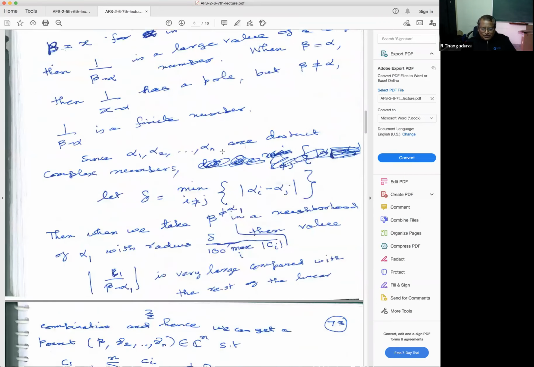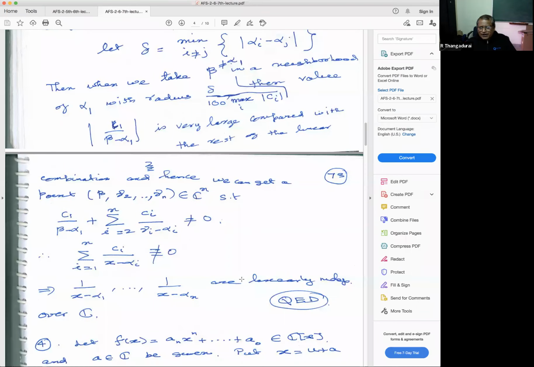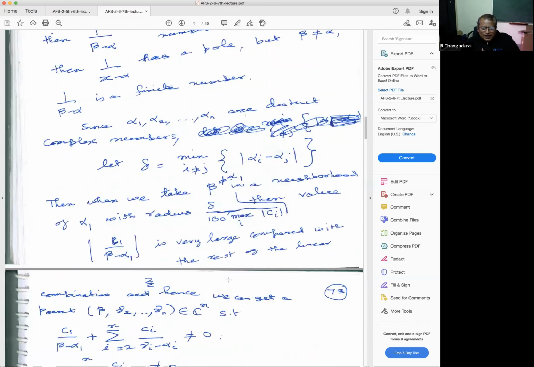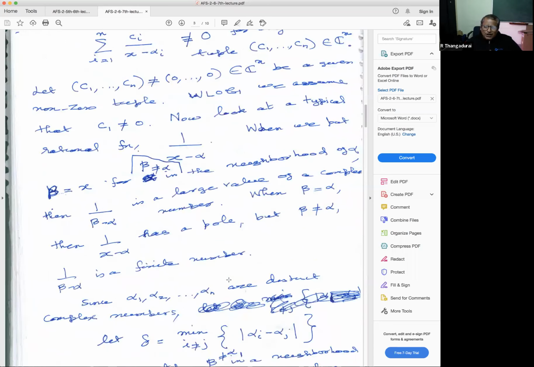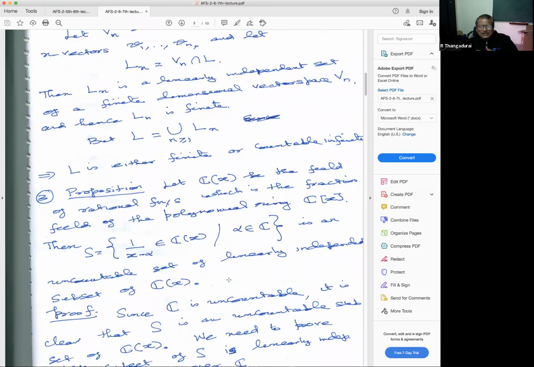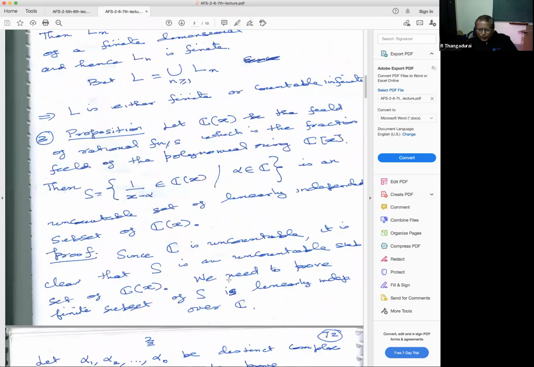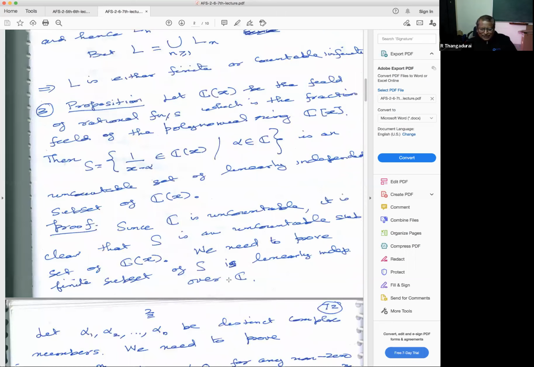Which says that 1 by x minus alpha 1, etc., 1 by x minus alpha n are linearly independent over C. So what we have seen is that inside C of x, we have an uncountable set of linearly independent elements. That's it. This is the catch. This information is required for us. This is a very intuitive proof, mathematically also correct.